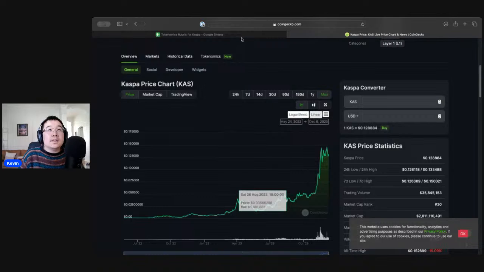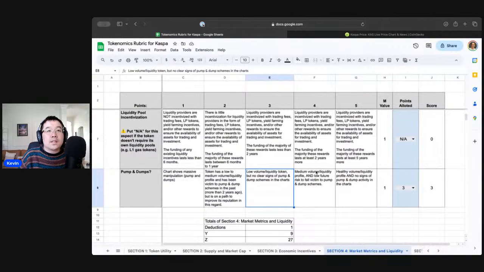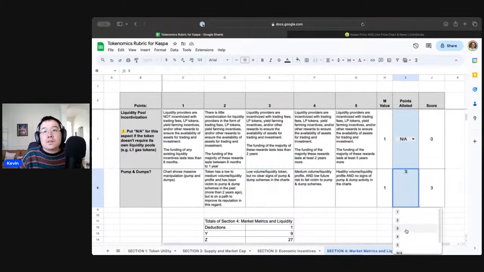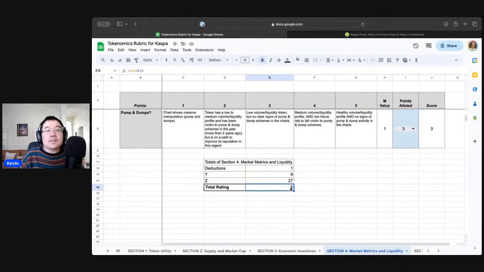Yeah, this looks decently healthy. There's no clear signs of heavy manipulation, but it's not the biggest volume / liquidity, so I'm giving this a 3. So overall, this section averages to a 3.